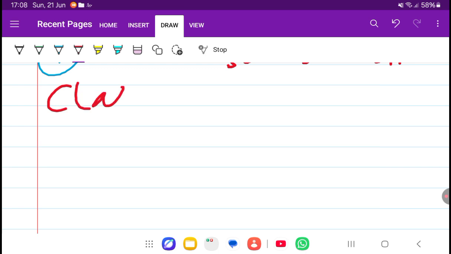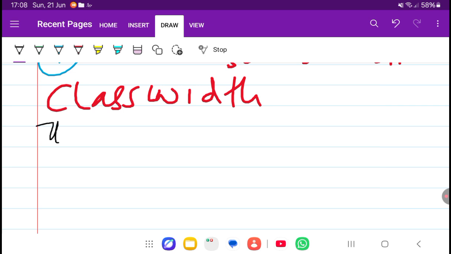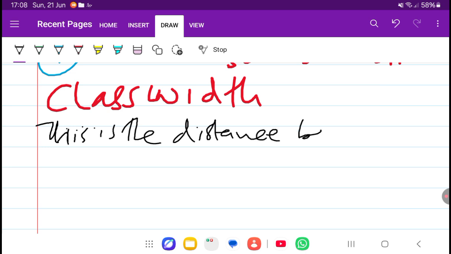We have what we call the class width. Class width, class interval, class length, they mean the same thing. Now, of course, the class width, this is the distance between lower, it can be lower, or let me put this one in bracket, or upper.